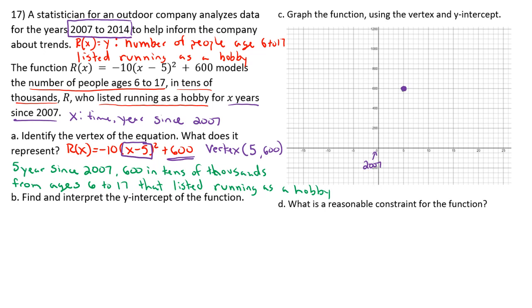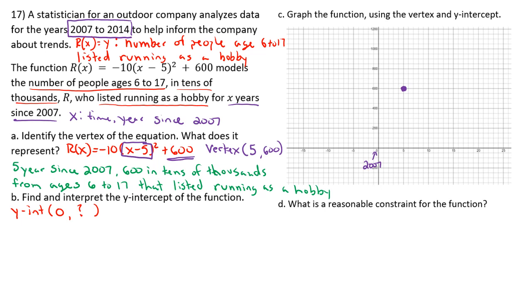Okay, part B. It says find and interpret the y-intercept of the function. So the y-intercept is always referring to when the x is 0, you'll find a y value. Well, we have an equation that has an x and a y.